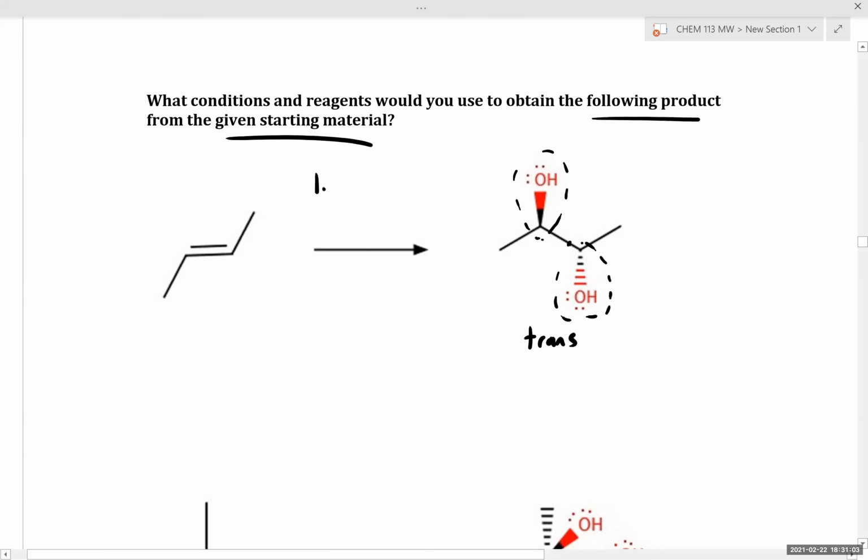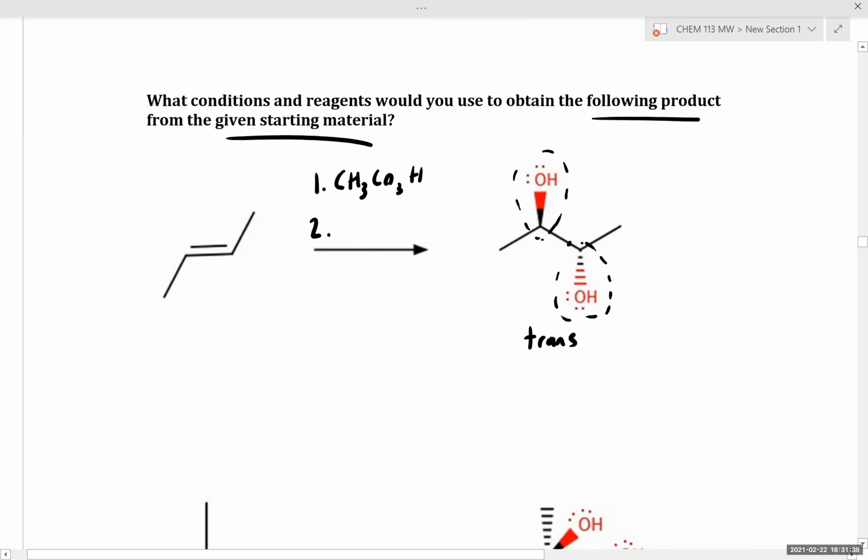So in this case, we put as condition 1, what are the conditions to generate the epoxide? What reagent should we use? A peroxy acid. So we can use, for example, peracetic acid.